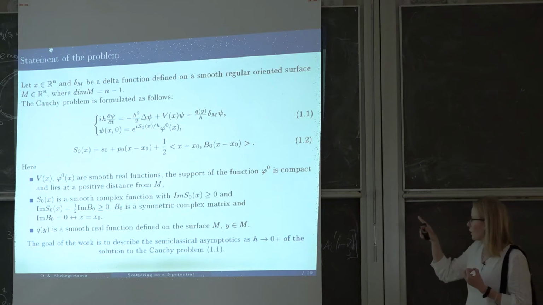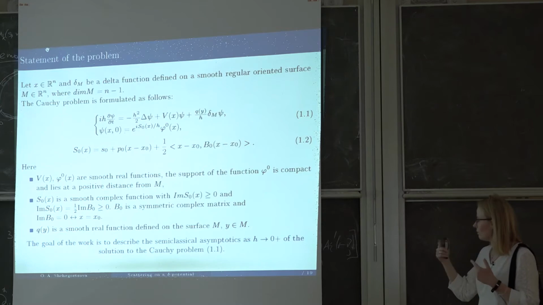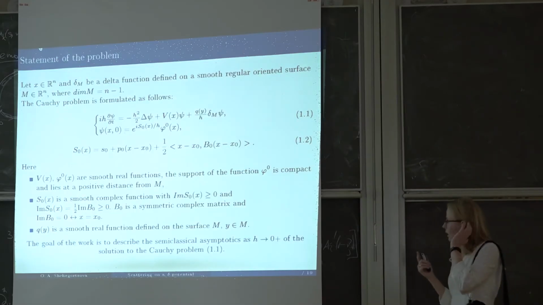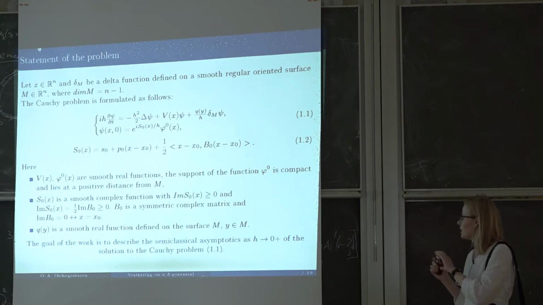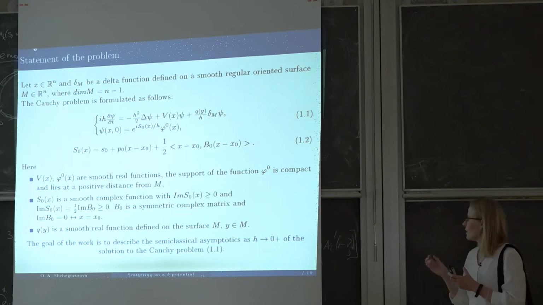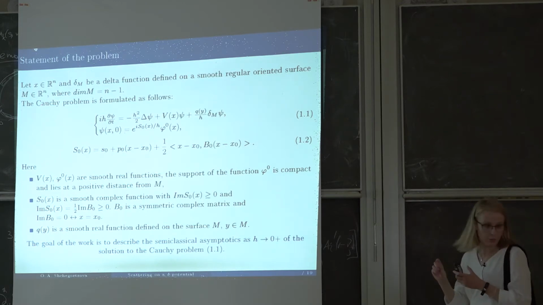Here only B0 is a complex symmetric matrix. These initial conditions mean that our initial Gaussian beam is localized in a small neighborhood of the point x0.